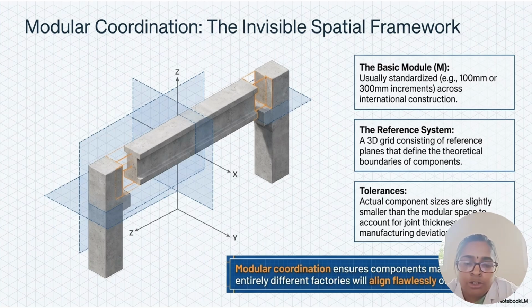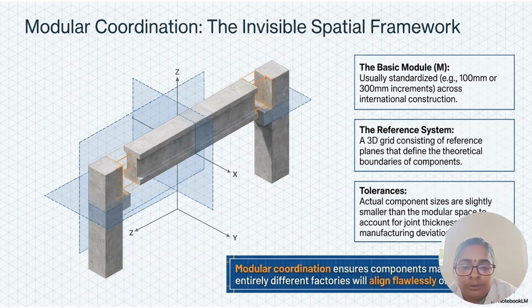And here we can see the definition of modular coordination. It consists of an important term called basic module. It is usually standardized across international cross sections, for example, 100 or 300 increments, and it is represented in terms of a 3D grid system called the XYZ coordinate system.